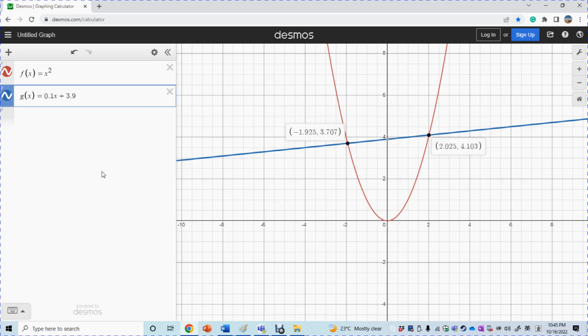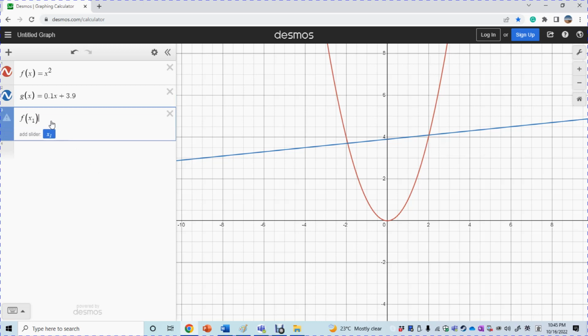If you want Desmos to show you the point, you can go to the inputs here and put f(x1) equals g(x1).